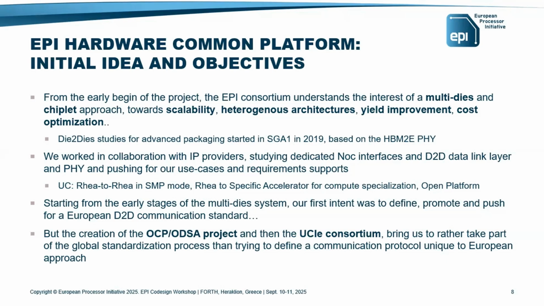We even made some technical presentations about that. Then we worked as well in collaboration with IP providers, because for this common platform we need, you may understand, the interfaces.